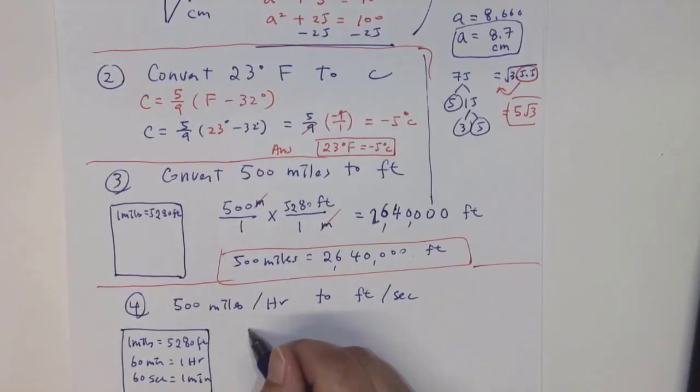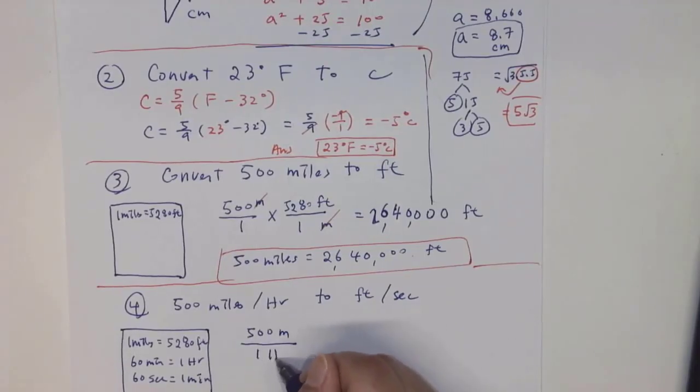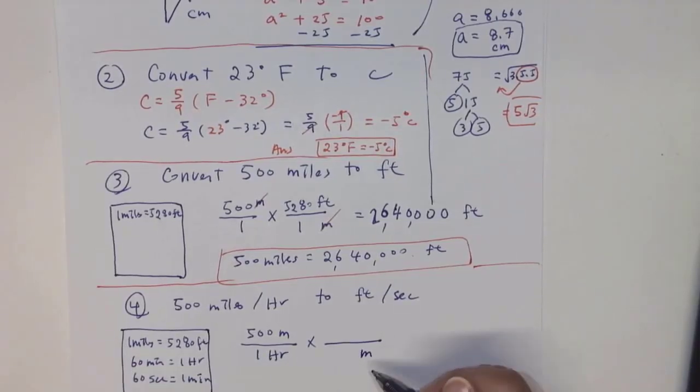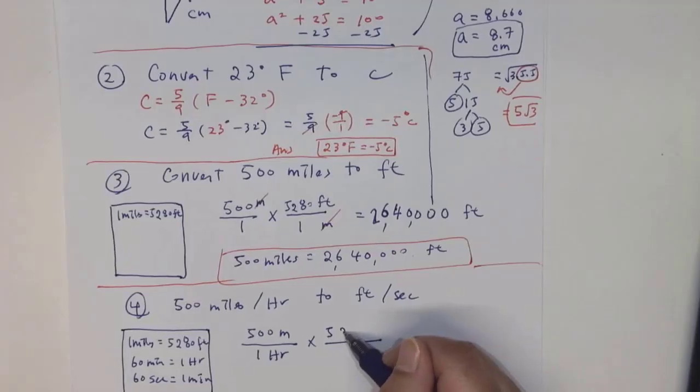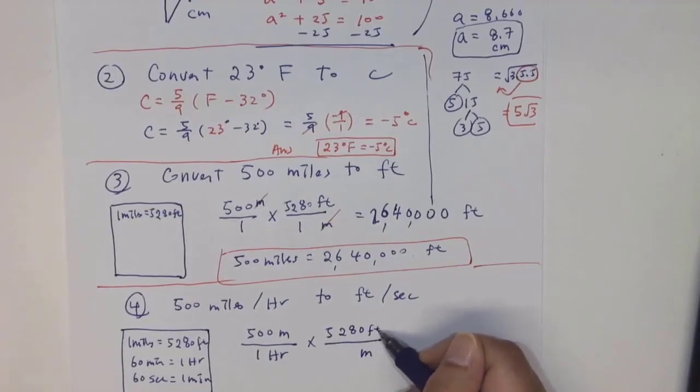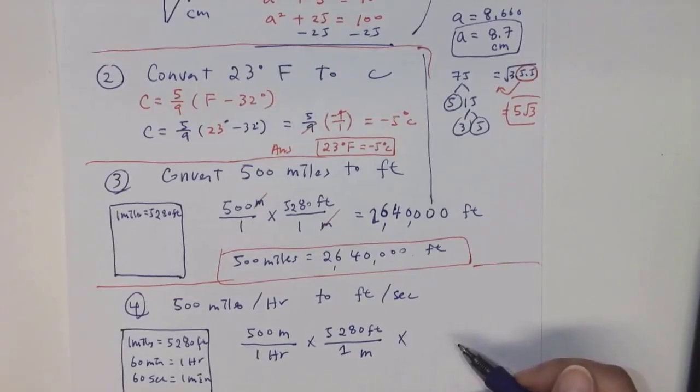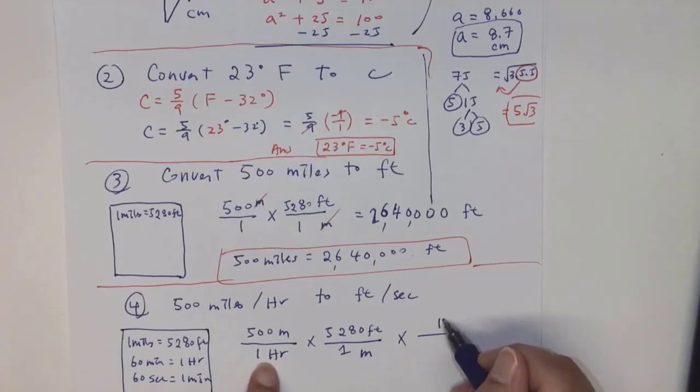Start with 500 miles per 1 hour, which means I need to somehow get rid of the miles, right? So miles go to the bottom, and what's on top? 5,280 feet equal to 1 mile. Is it okay? Times, now I have to get rid of what? The hour somehow. Hour at the bottom, so hour on top.